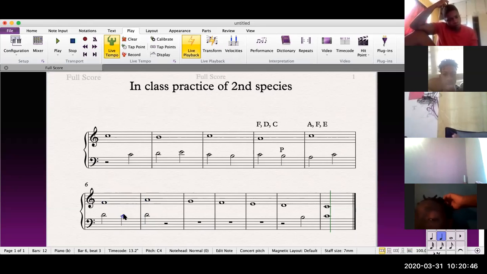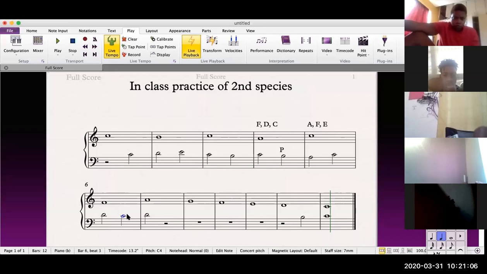Well, that was the lower neighbor, right? And we're trying to include dissonance. So what other dissonant note could you put there, Ray? There's only one other one. B, sir? Well, no, you can't put a B there because that's a dissonant note, and dissonant notes have to move by step.